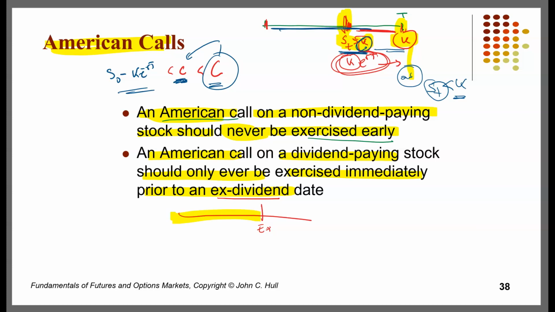If you buy the stock here, you get the dividend. If you buy the stock here, you do not get the dividend. The seller of the stock gets the dividend here. So if you are to exercise the option, which means that you're buying the stock at the strike price, you should exercise the option before the ex-dividend date, and that's what that is all about here.